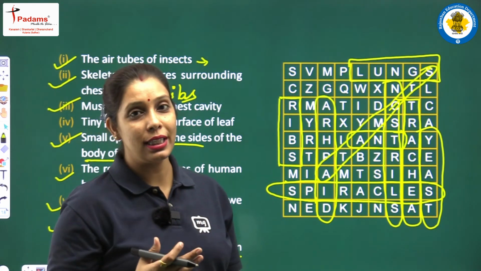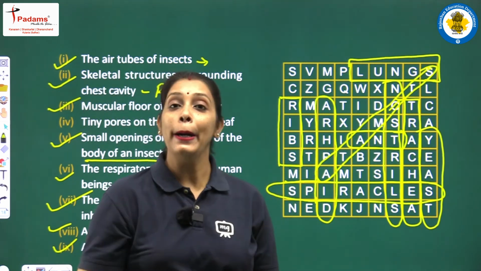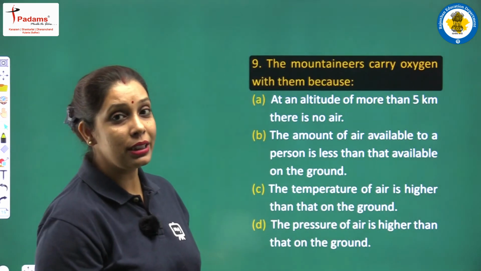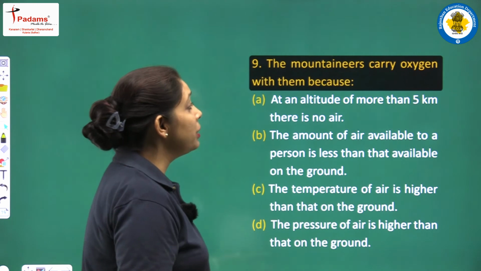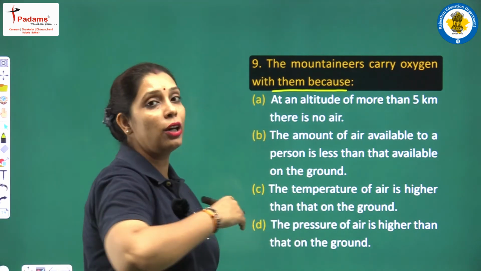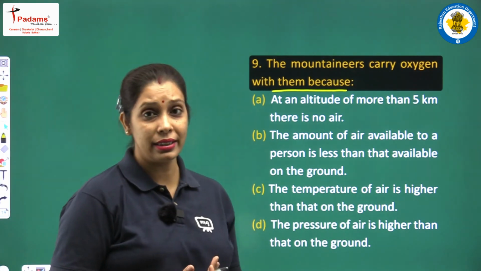Just do it yourself in your notebook, and with the help of a pencil you have to mark it in your book. Is that okay? Students, move to the next question of this chapter, and the next question is: the mountaineers carry oxygen with them. Yes, whenever we are going to a high altitude, we have to carry oxygen along with us. Why?